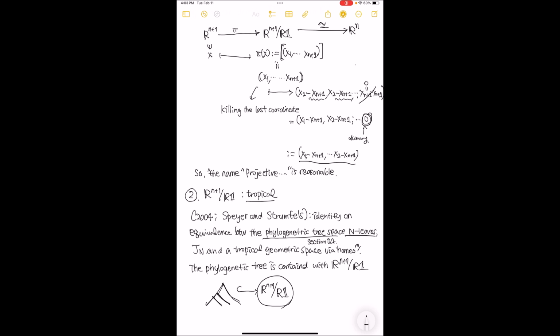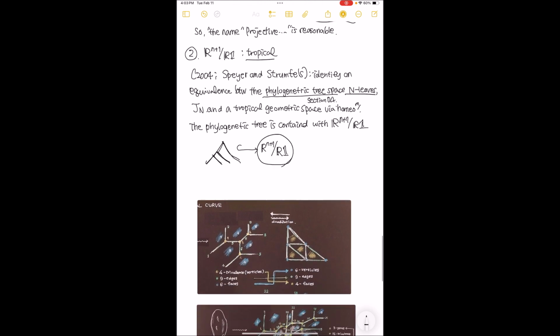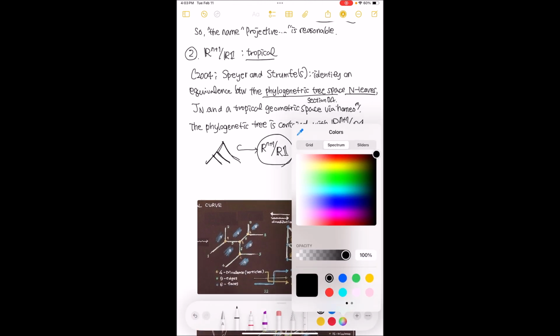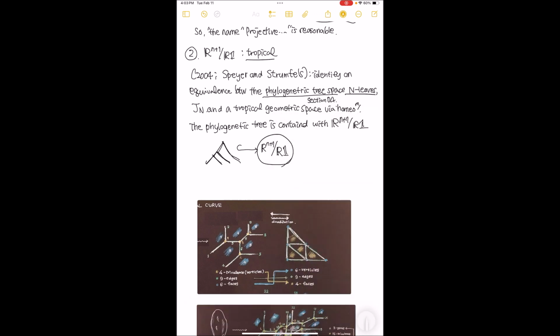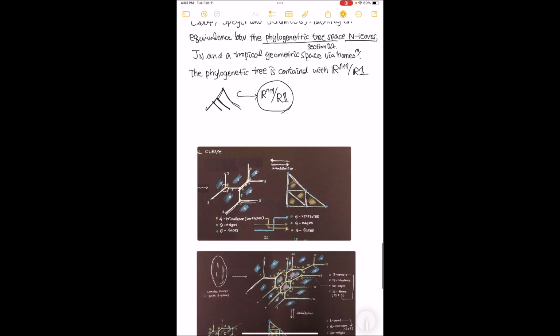Furthermore, as I explained in lecture 2, that is not a phylogenetic tree because the degree is more than 2, but this branch image, or this image with trivalence, is also related to the tropical projective torus. That is also a type of tropical projective torus.